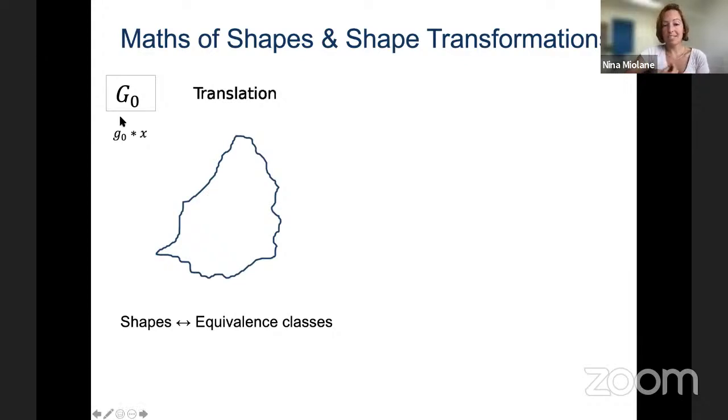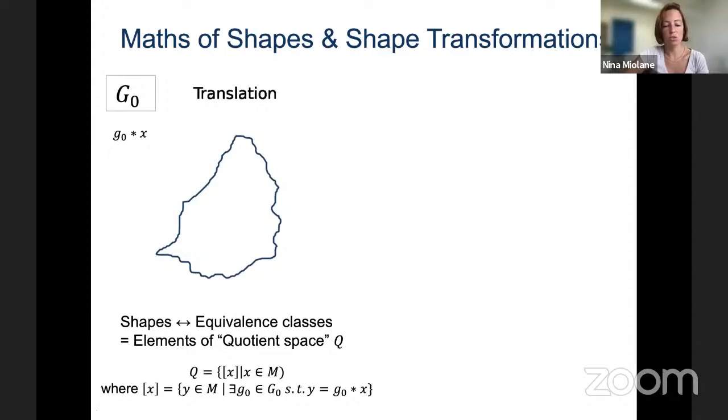So in order to represent shapes from a mathematical perspective, we define this group, G0. Then next we define the action. It's called the action of each element of this group, small g0, on X, where X is the original object, whose shape we want to describe. And then we said that the shapes themselves are the equivalence classes under the action of that group G0 on the original objects.